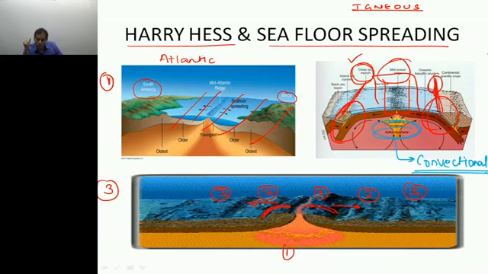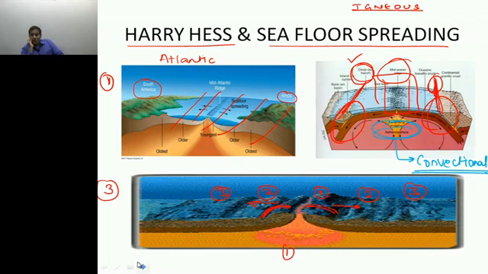So the central idea of drifting of the continents, the idea of sea floor spreading, and till today the acceptable nature of the force, that is the convectional currents which arise from the earth, gave rise to a grand theory, the mother of all theories, which is known as the plate tectonic theory.